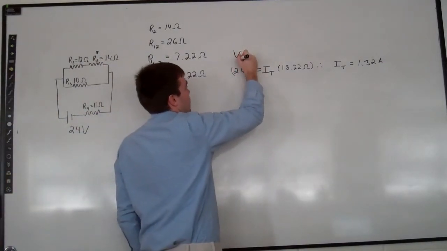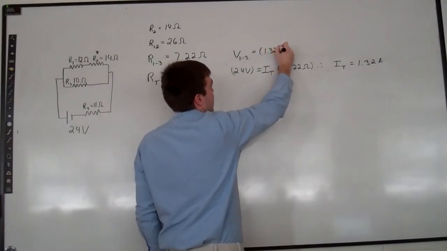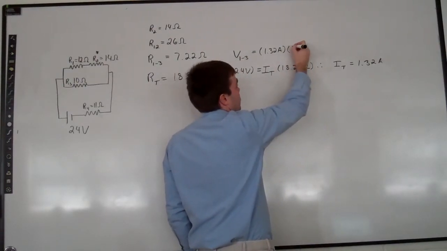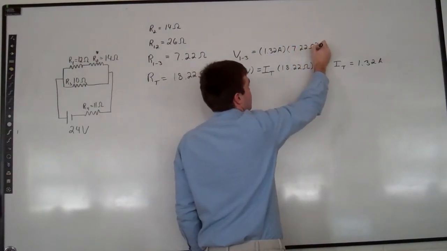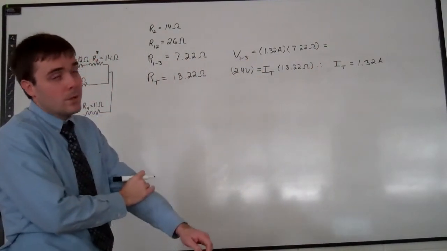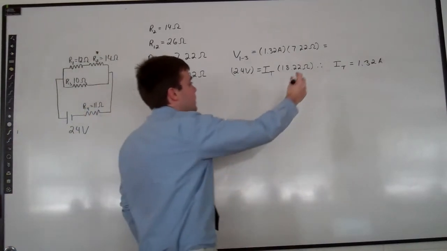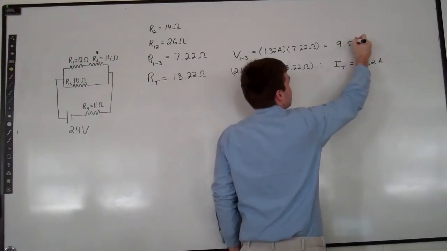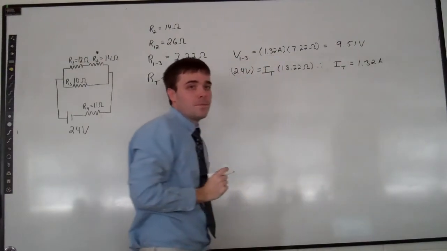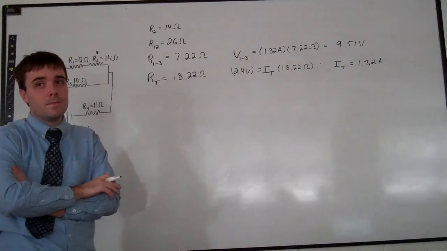So we've got V1 through 3 equals 1.32 amps times the resistance, 7.22 ohms. And what does that end up equaling? 9.53? I got 9.51. Close enough. And that's voltage. Any questions on how I got that?